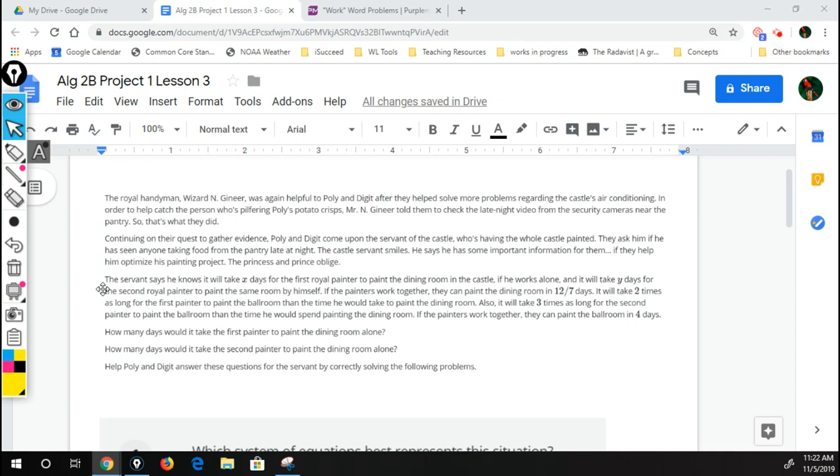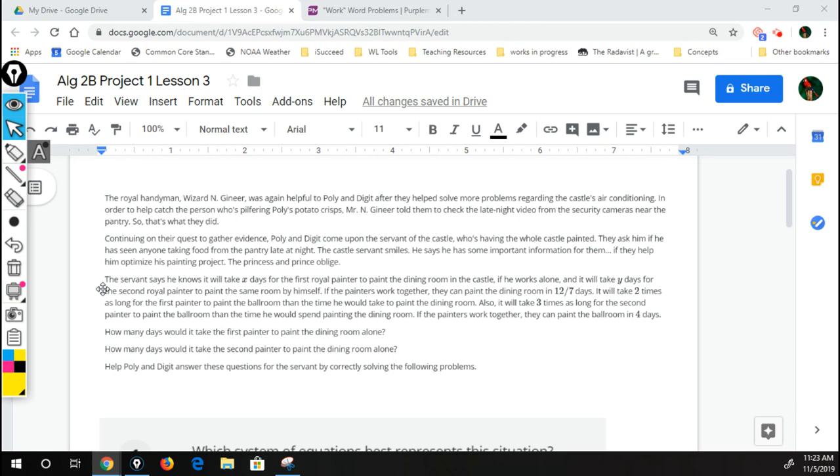We're painting a dining room with one person that will take X amount of unknown days. But he says if he works alone, it will take X days. And it will take Y days for the second royal painter to paint the same room himself. If the painters work together, they can paint the dining room in 12/7 days.